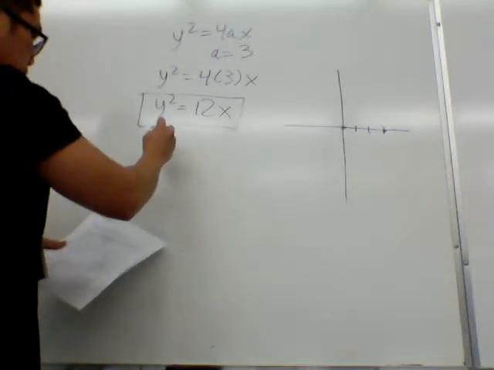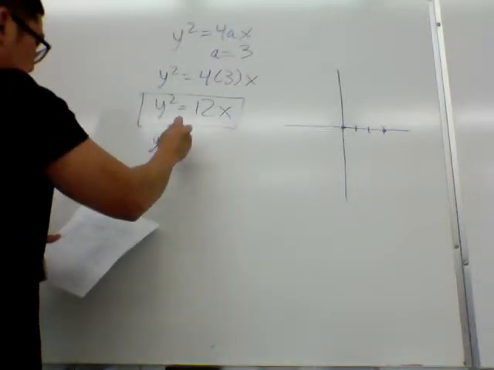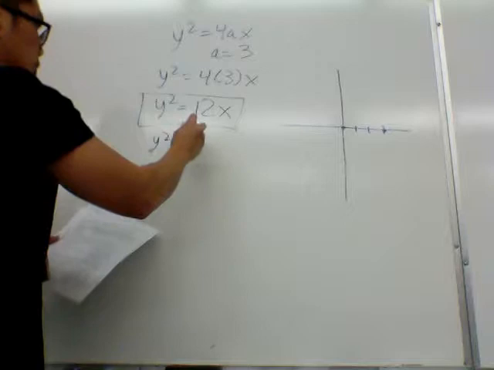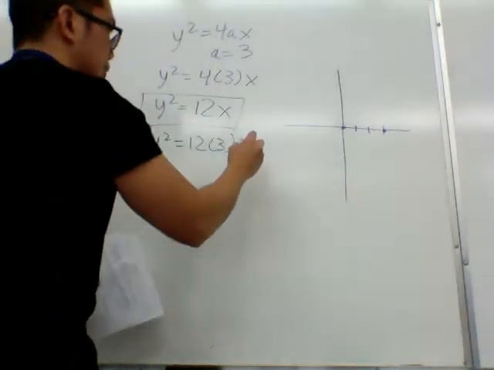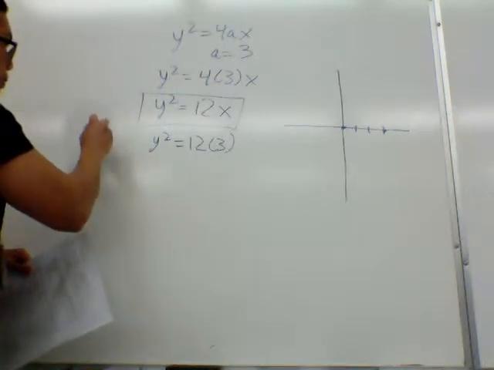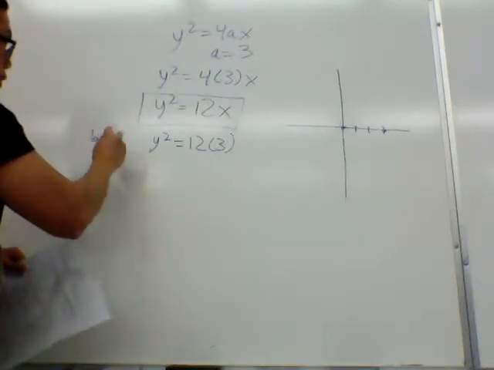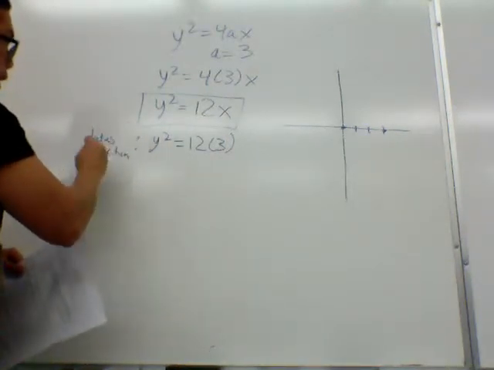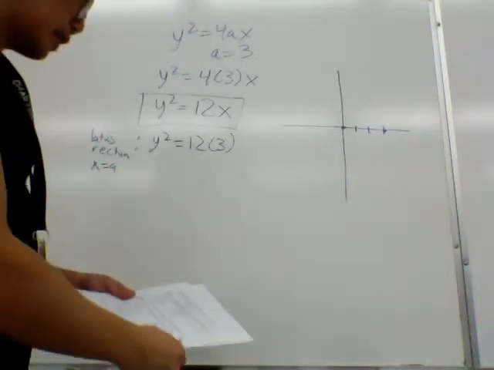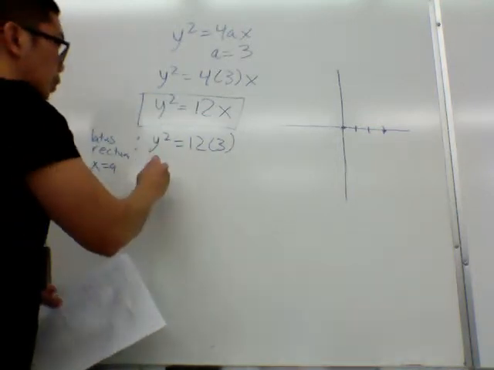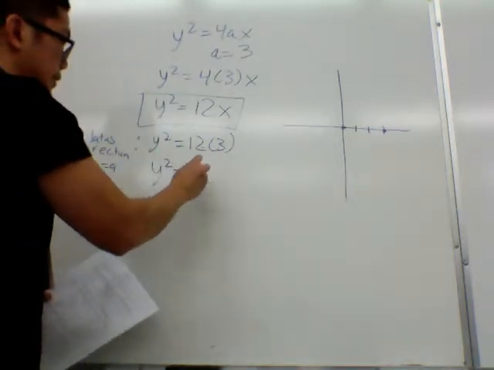So this becomes y squared is equal to 12 times 3. The latus rectum is what we're doing here. This one, x is equal to a. So now this becomes y squared is equal to 36.